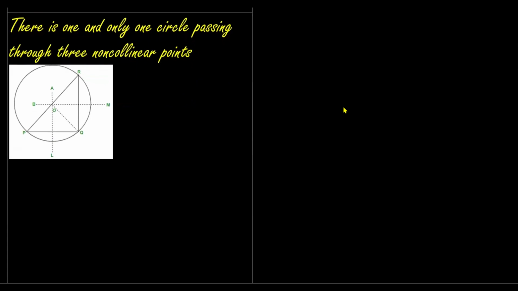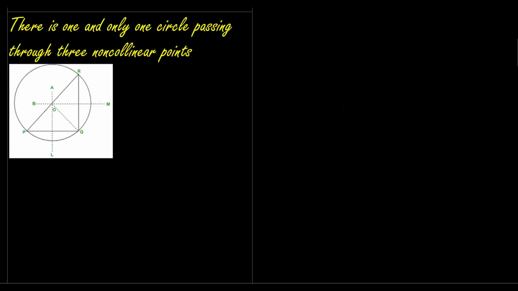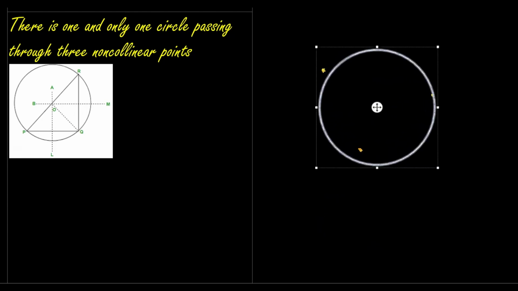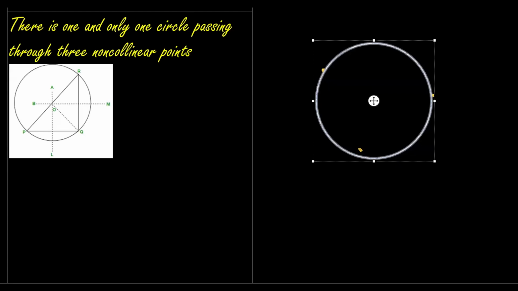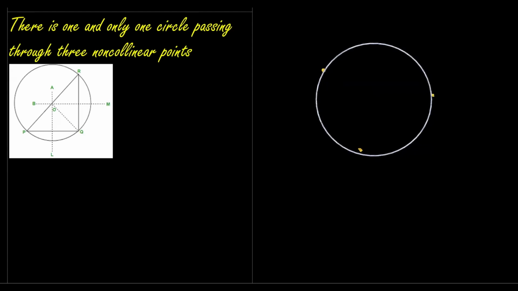Moving to the next property, it says there is one and only one circle that can pass through three non-collinear points. So let's say I take any three non-collinear points in the plane, and I draw a circle. If I try making a circle so that it passes through all 3 points, you can make only one circle.